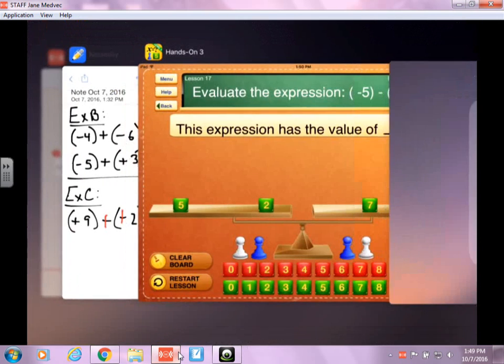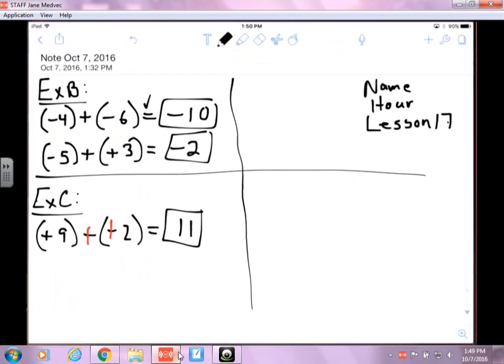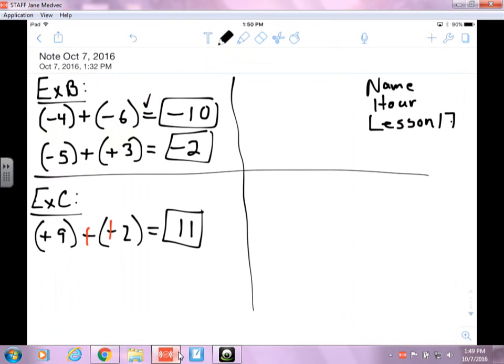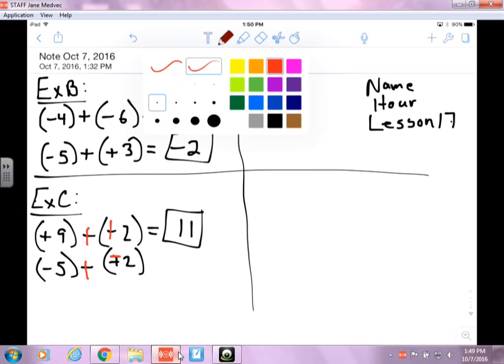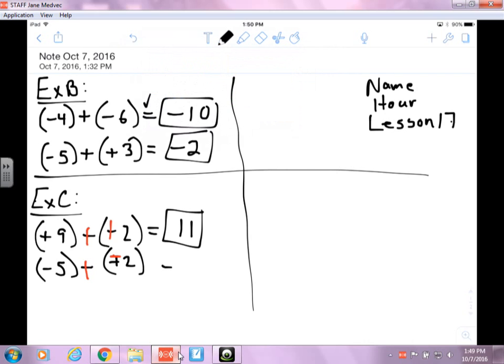Now, let me show you on your notes. This is how you're going to do it. So you're going to put your negative 5 minus a positive 2. And so if you had Miss Clemenson, she did the chop chi. Remember that? So it becomes plus a negative. And I end up with a negative 7.